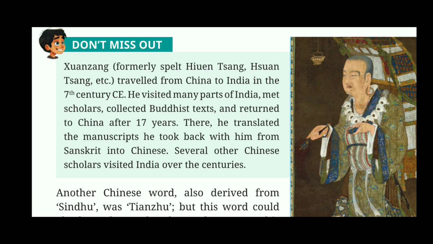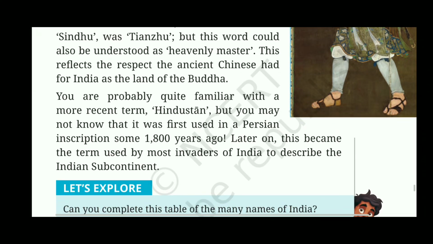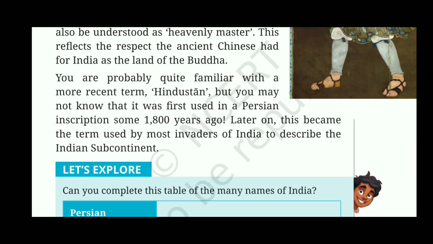There, he translated the manuscripts he took back with him from Sanskrit into Chinese. Several other Chinese scholars visited India over the centuries. Another Chinese word also derived from Sindhu was Tianzhu, but these words could also be understood as heavenly master. This reflects the respect the ancient Chinese had for India as the land of the Buddha.